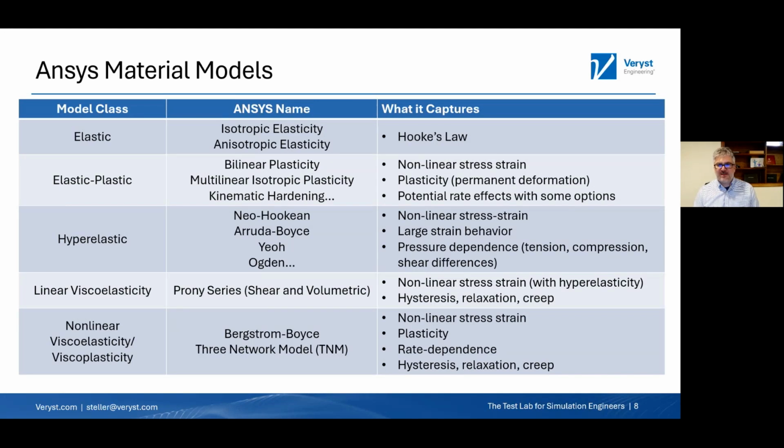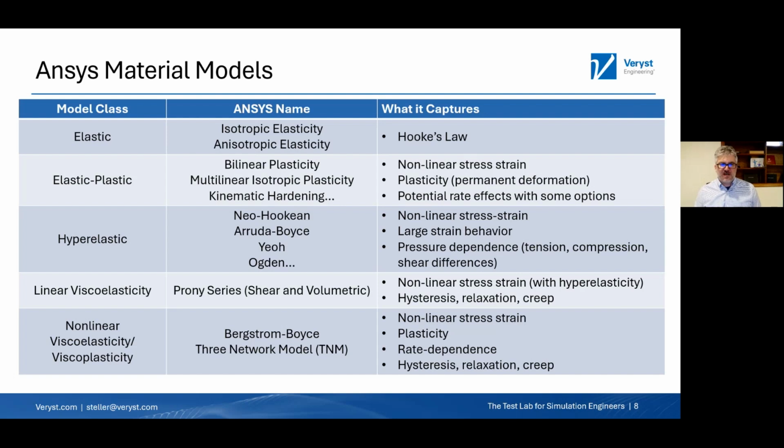Linear viscoelasticity. Again, this is really the first one where I think we're looking at something that was used to develop and capture the response of polymer materials, and get those time-dependent effects that polymers really show. So we get nonlinear stress strain when you have a hyperelastic model in there, and you get things like hysteresis, stress relaxation, or creep, and capture those in those models.